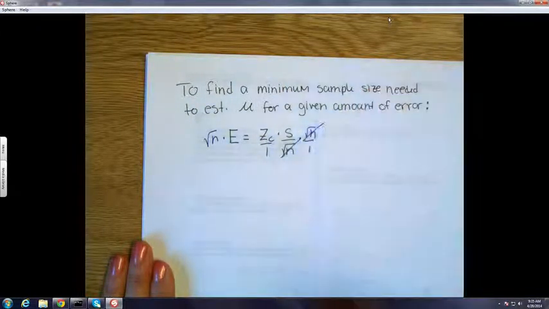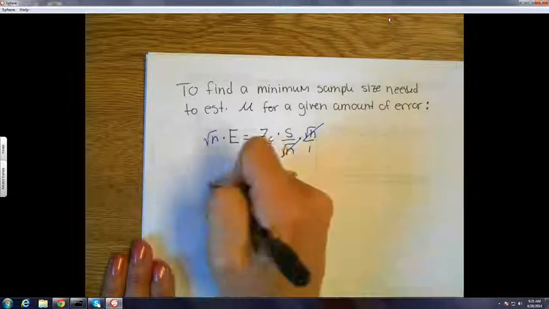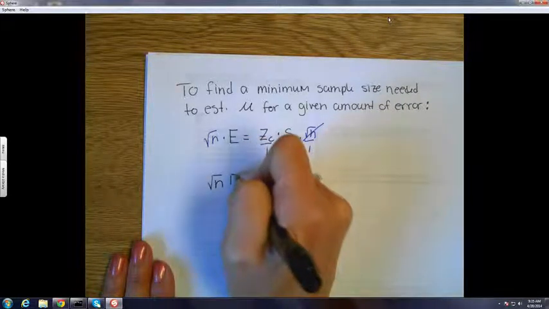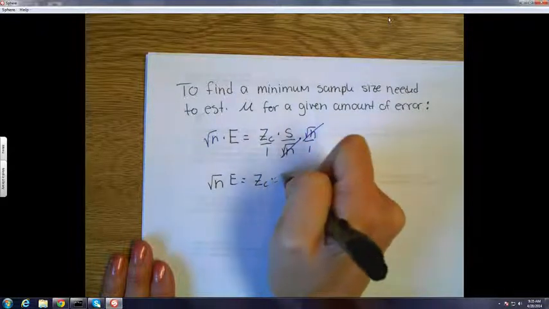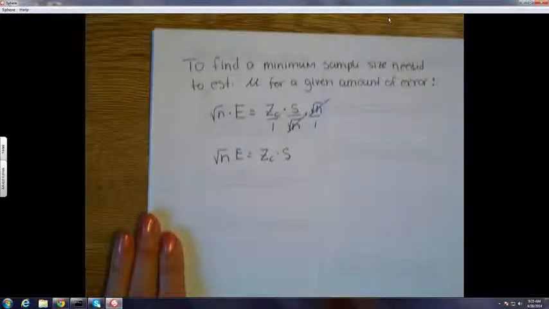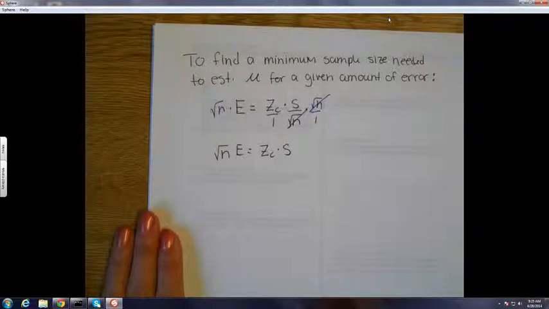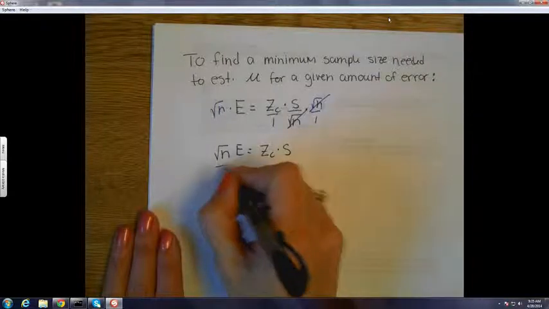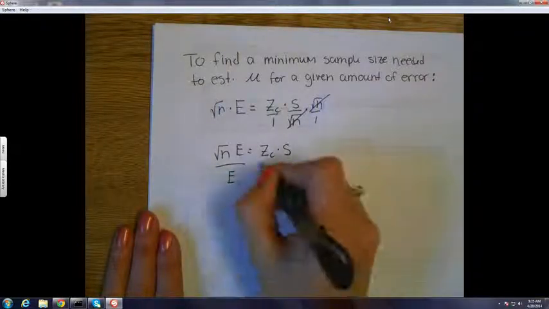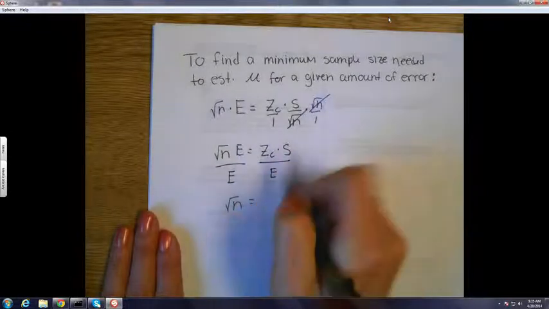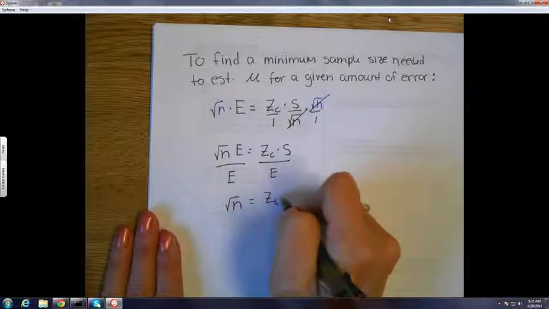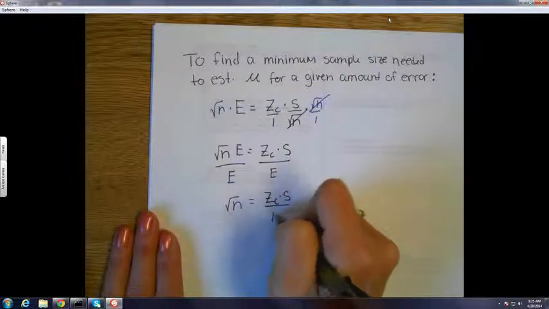That cancels. So square root of n times E equals z-score for your confidence level times sigma. Solving for n, how do I get rid of the E that's with it? Divide both sides by E. Square root of n equals this fraction, z-score times sigma over big E. And how do I get n?